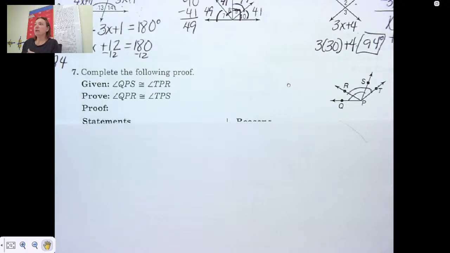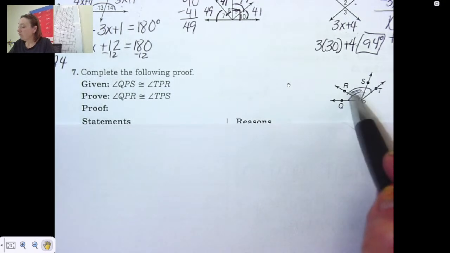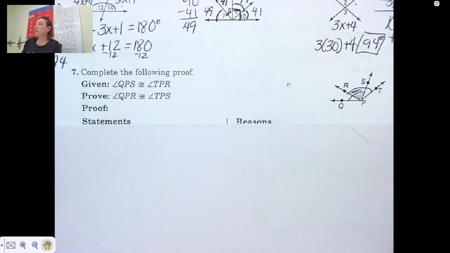They share something, don't they? They do share their vertex, but they share more than just the vertex. You're on the right track. They have an angle in common. Do y'all see that? This angle right here is part of both of the angles that we're talking about. That angle has to be the same in both of them.